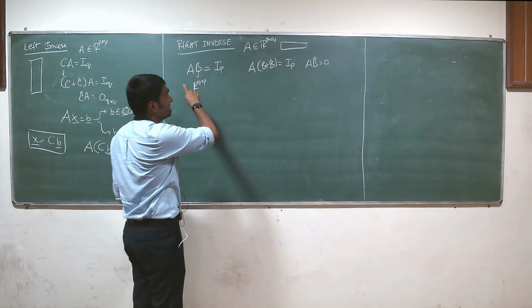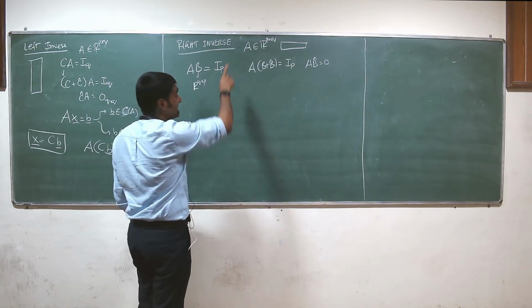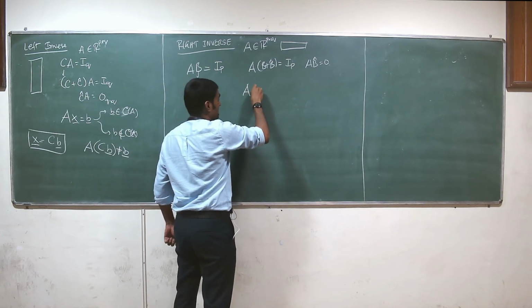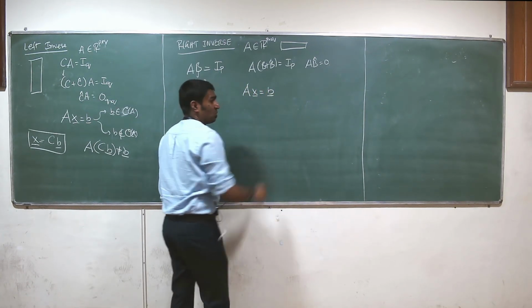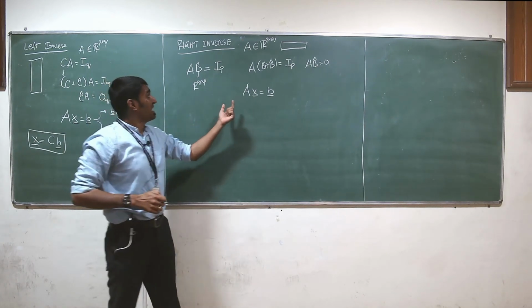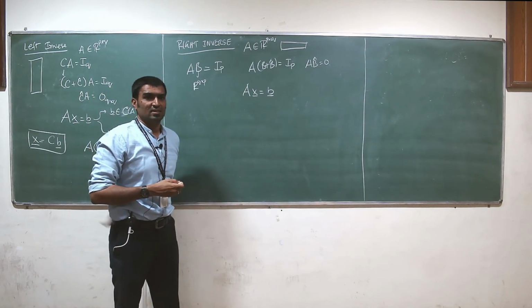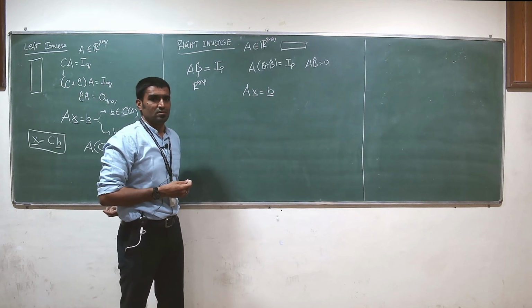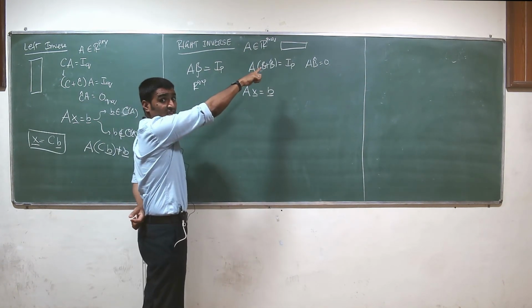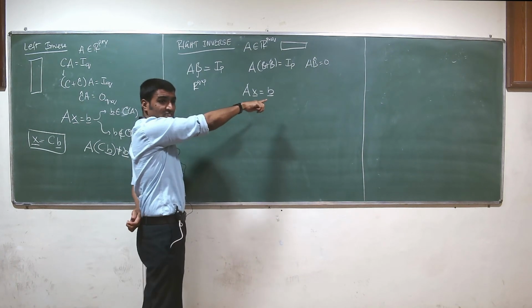It turns out the right inverses are useful in solving linear equations of this form. What can we say about the solutions of this linear equation if A is full rank and fat? If it's square, it's unique.